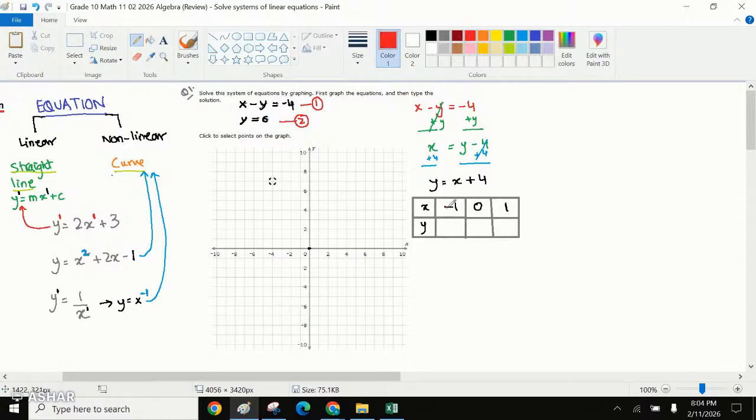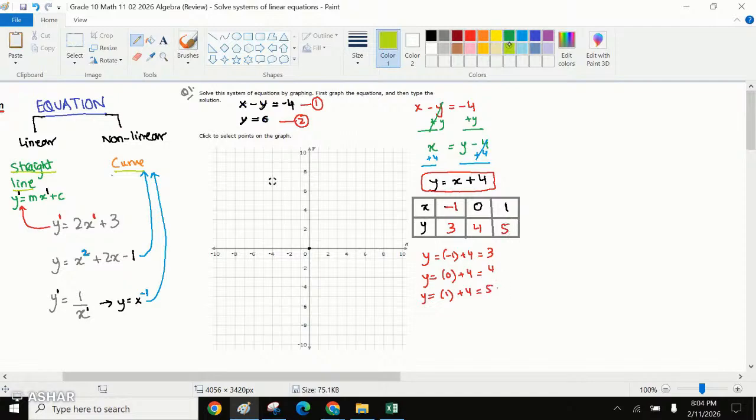So when we put x as -1 into this equation, can we say it comes out to be -1 plus 4, which is 3. If we put 0 in place of x, it comes out to be 4. Agreed? And if we put 1 in place of x, it comes out to be 5.